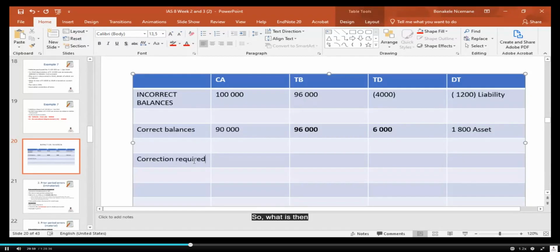So what is then the correction required? What is the difference? 600. No, think about it again, because you just corrected me, and I think it's crucial. 3,000, sir. 3,000. Do you understand why it's 3,000?